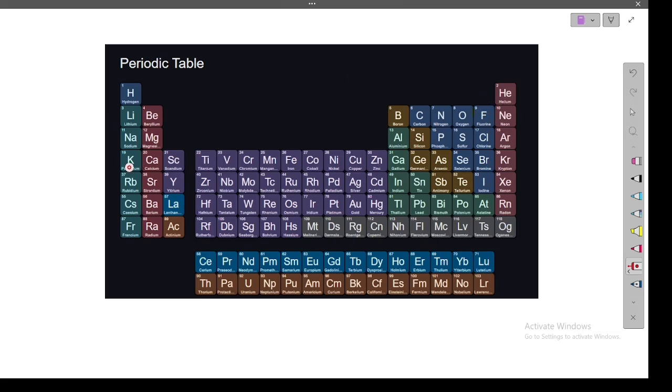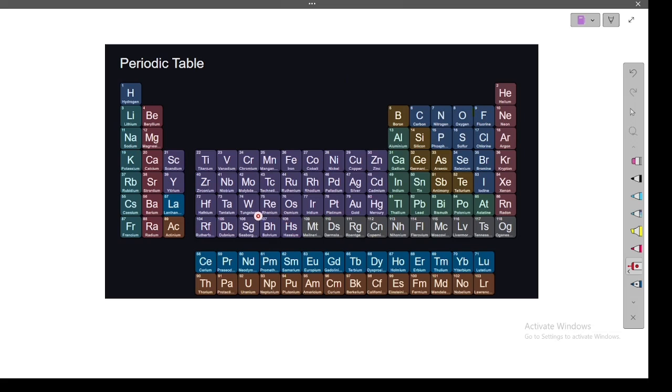in an atom's nucleus. As you go across a row, that is called a period, which is this, or down a column, which is called a group, the elements change, but not randomly. They follow certain trends because of the way electrons are arranged in atoms.